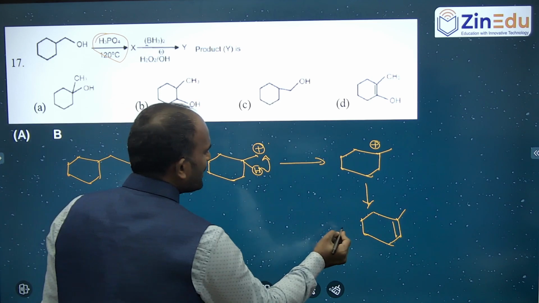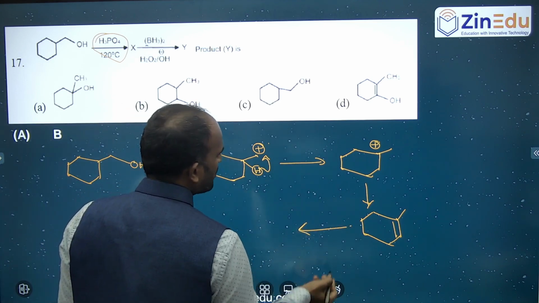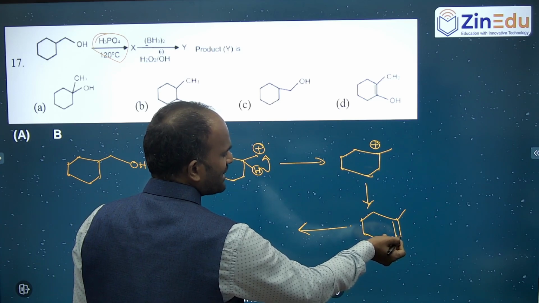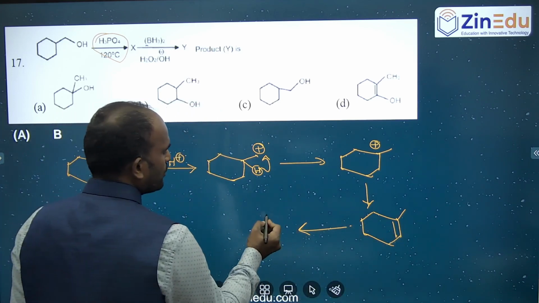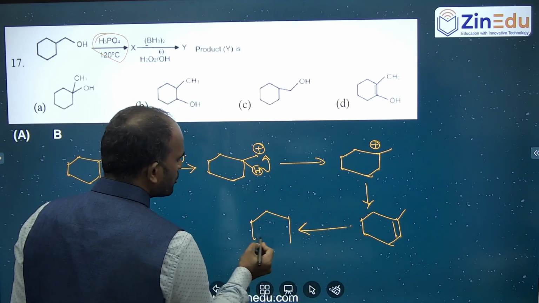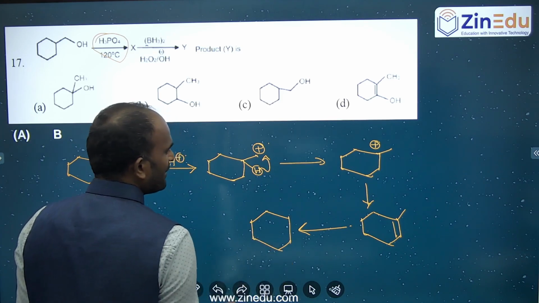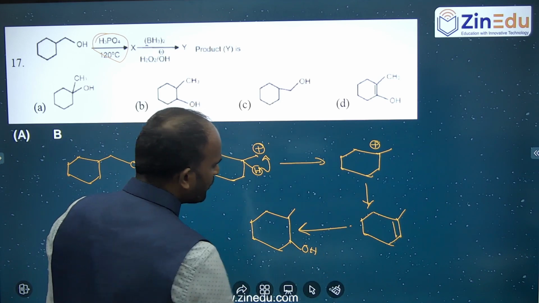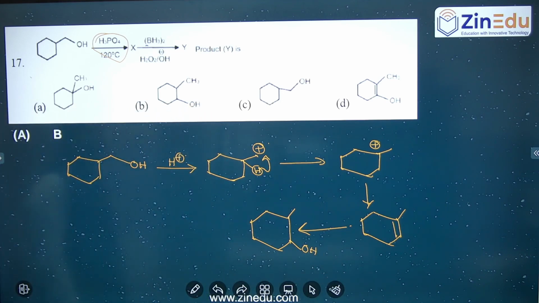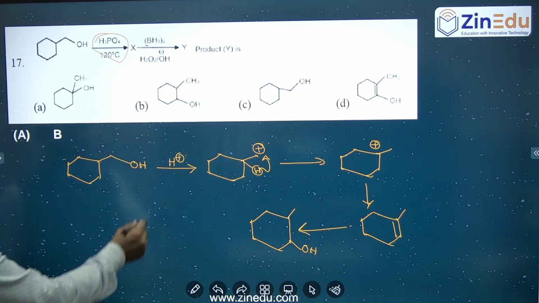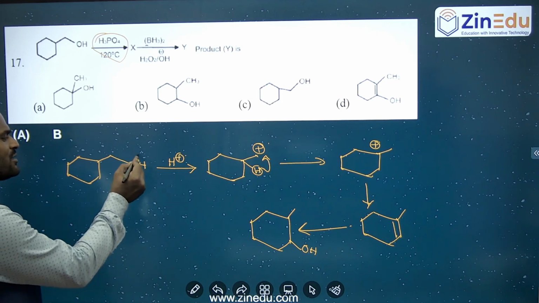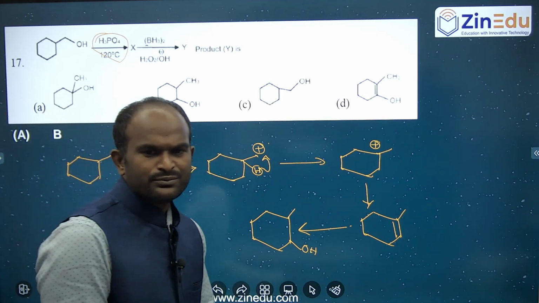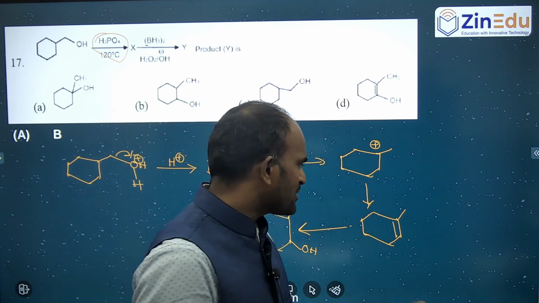Now, hydroboration oxidation is always substituted at the less substituted carbon. So for the less substituted carbon, OH should be attached. That's it. This is the compound. As simple as that. Right? Clear?